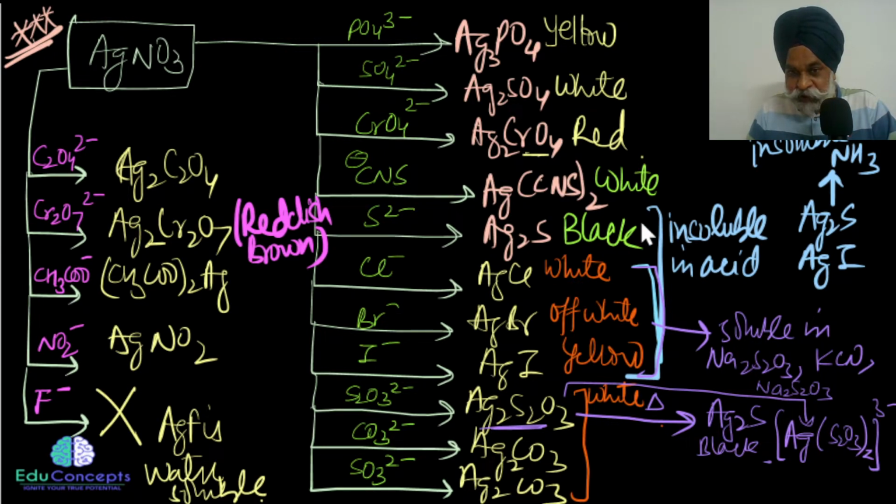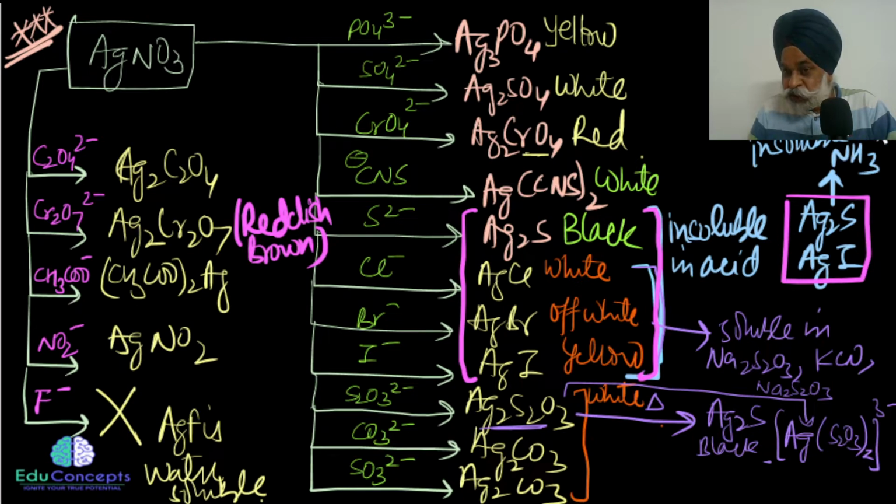Let me repeat what I just explained to you. These four salts are insoluble in acid, whereas Ag2S and AgI are insoluble in ammonia. In ammonia, AgCl dissolves, AgBr partially dissolves, and AgI does not dissolve at all.